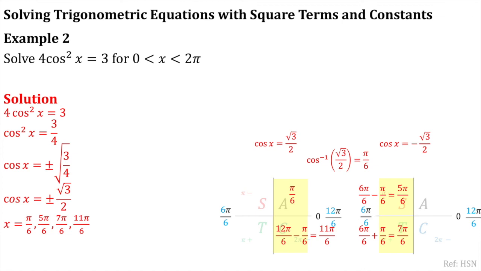pi over 6. Now, if I just go back to the very beginning, 4 cos squared x equals 3, and have a wee look at the graph here.